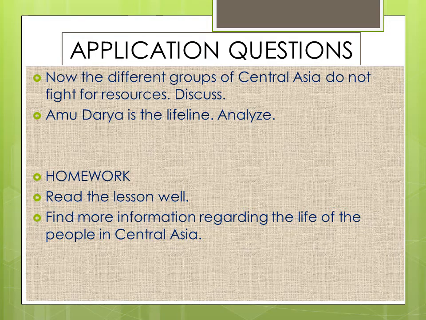Now, these are simple application based questions, children. They are quite simple to answer. Now, the different groups of Central Asia do not fight for resources. So, discuss. Amu Darya is the lifeline. Analyze. So you have to keep in mind, children, the benefits of the rivers.